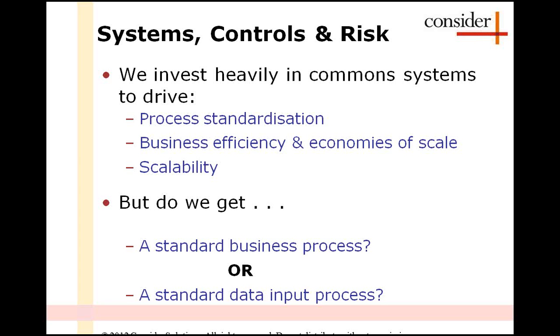Well, that's all very good. But there is an assumption that these systems actually automate a business process. But actually they don't. What administrative systems, ERP systems, accounting systems, CRM systems, all they do is create a standard data input process. And it's very important to separate the two because it helps us understand risk and control.